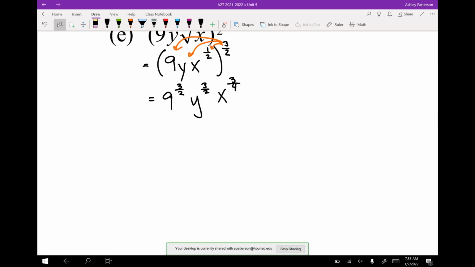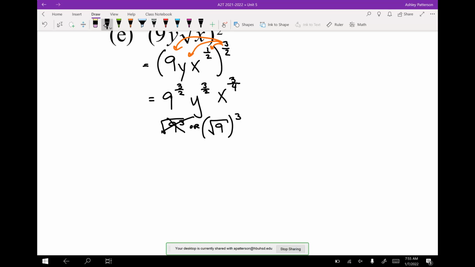9 to the 3/2. Goodness, my apologies. That is the square root of 9 cubed, or the square root of 9, cubed. Which one would we prefer? The first or the second? Second, Jimmy? All right, let's go with it.